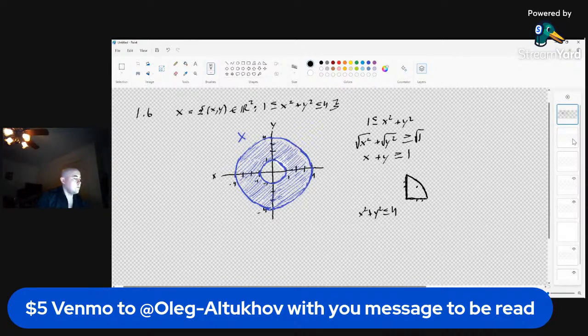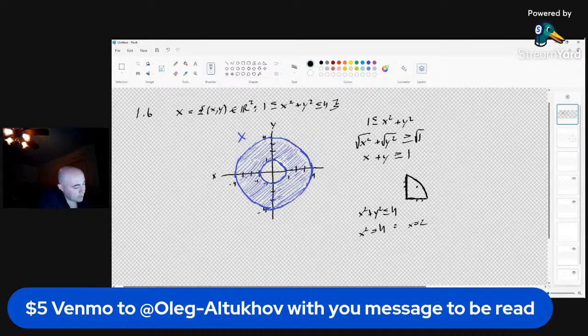Right. Of course it would be 2. Oh my god. Yes, because x squared is equal to 4, which would mean x equals 2. So where x equals 2, y equals 0, and where y equals 2, x equals 0.